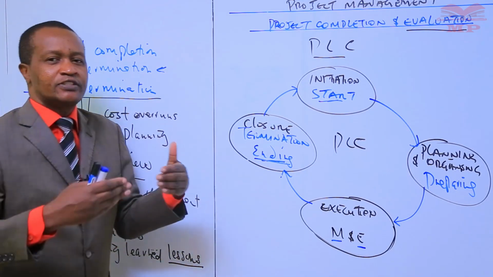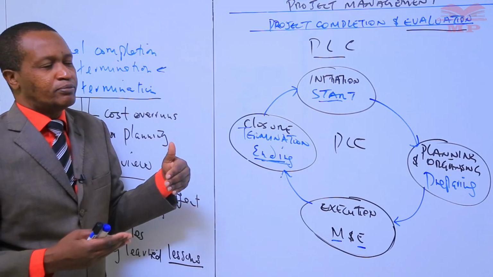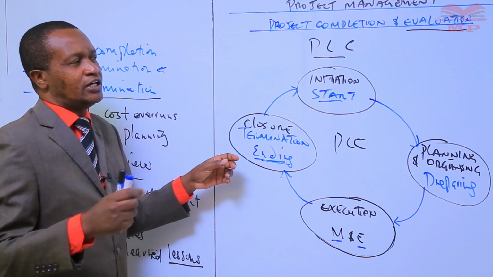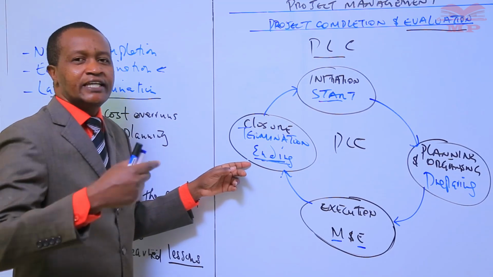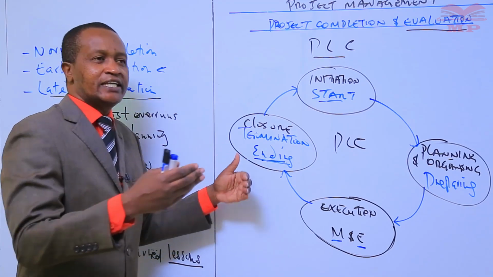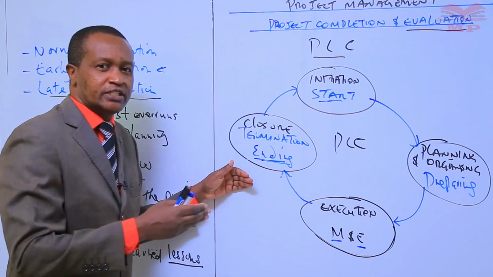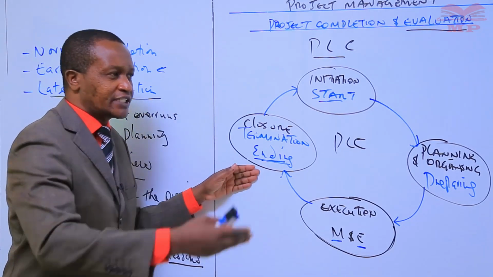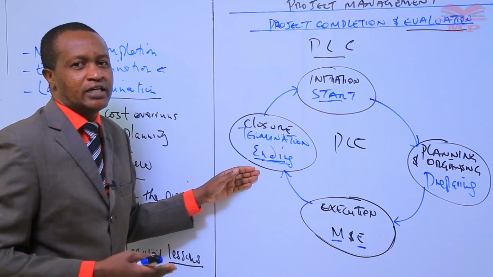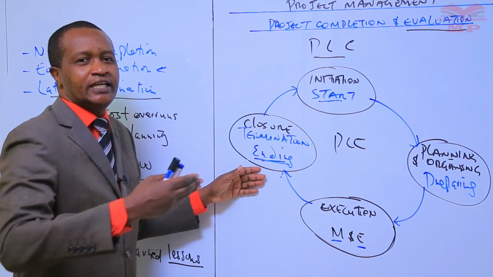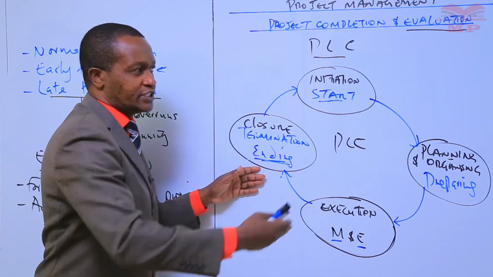So candidates, successful project management requires a keen understanding also of the interlinkages between the various phases of the project. And any success or failure at any phase of the project is usually cascaded down the remaining phases.